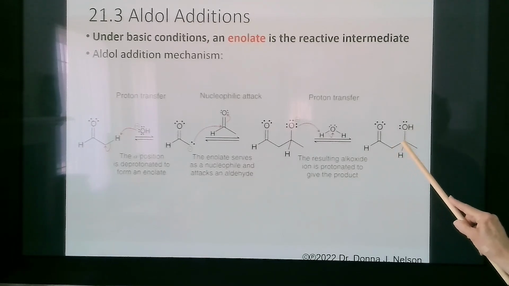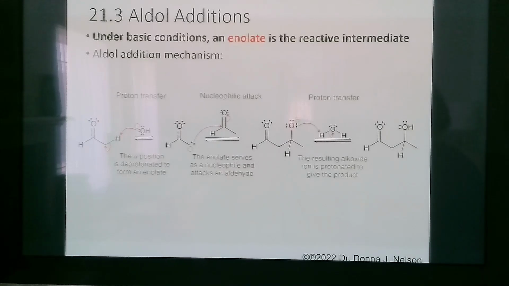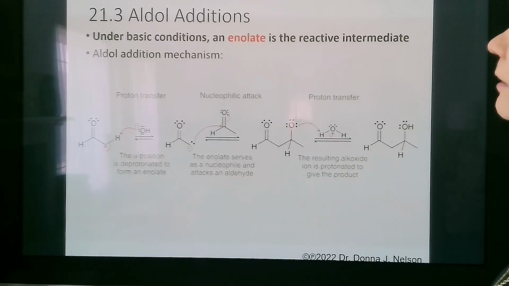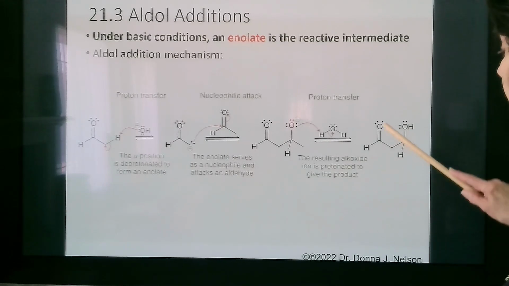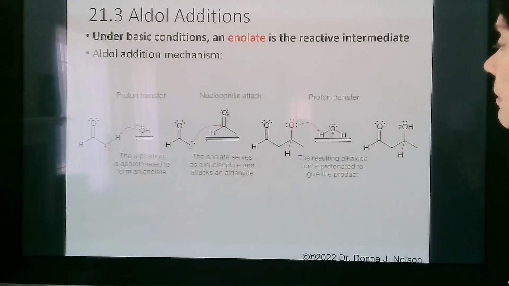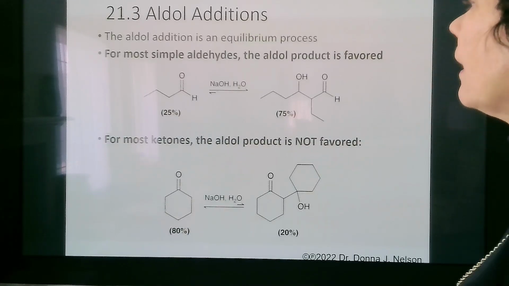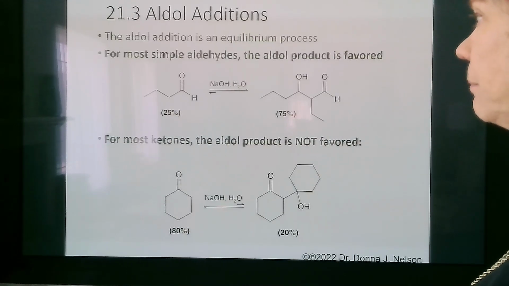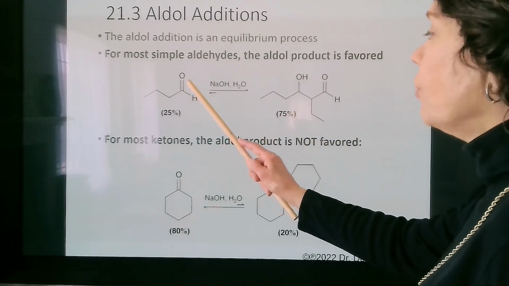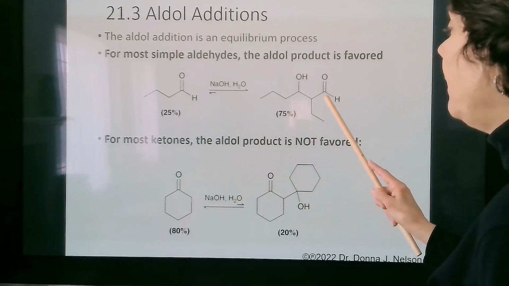That carbon-carbon bond is the new carbon-carbon bond. So this is called an aldol addition. Aldehyde, alcohol addition. So it's an equilibrium process. So both the reactants and the products will be present.